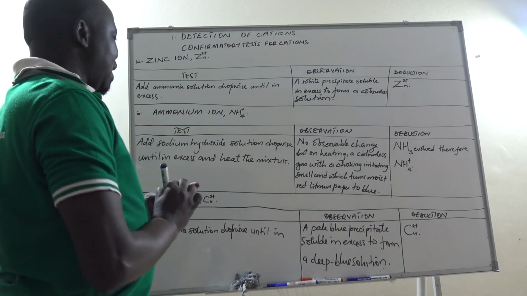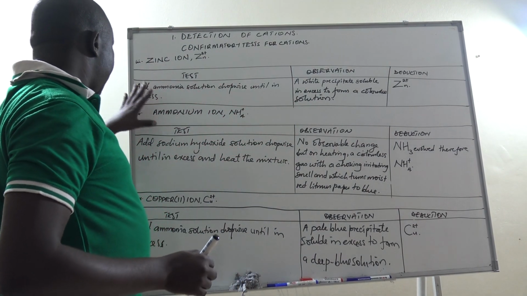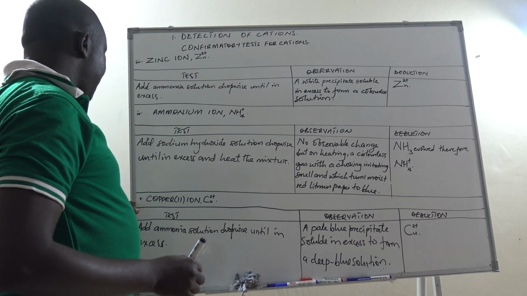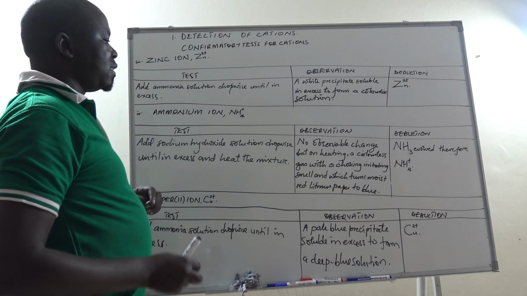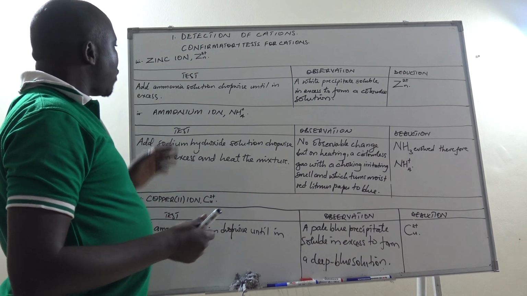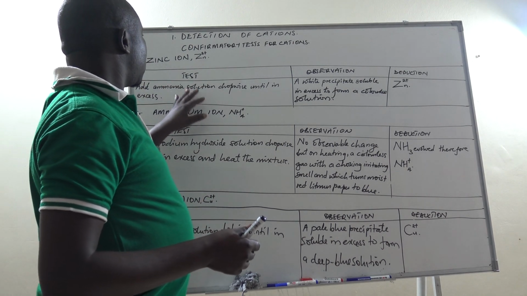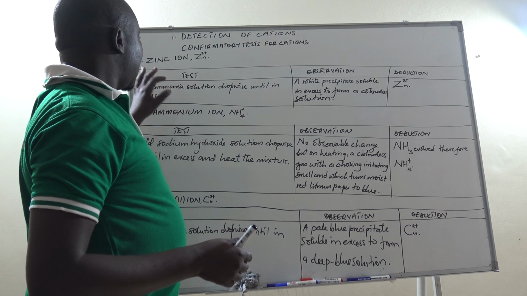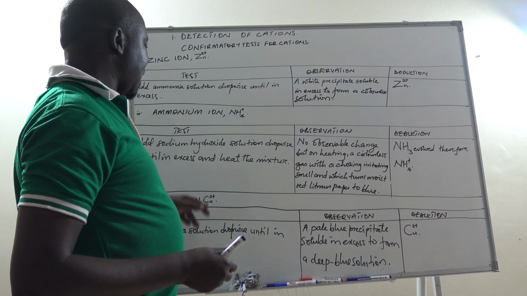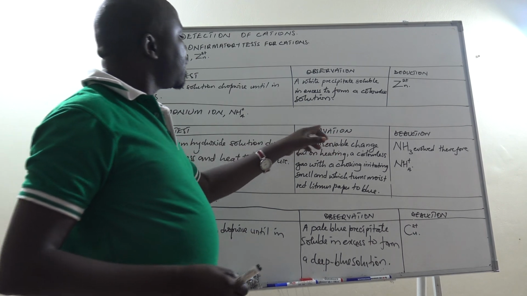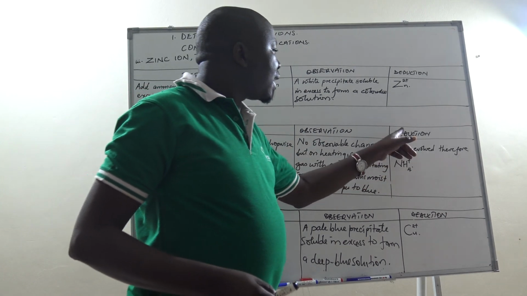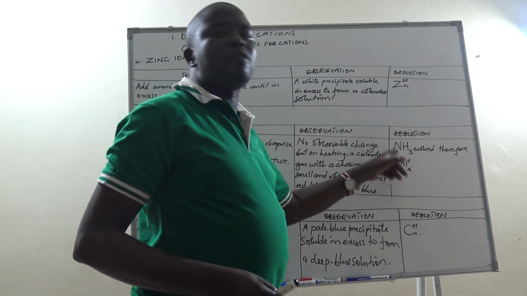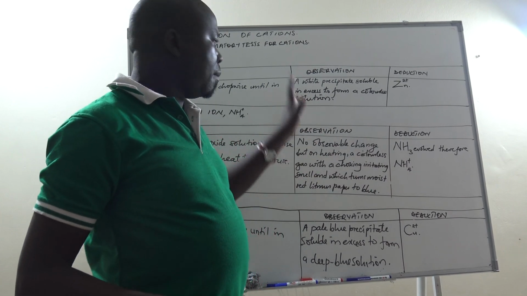So generally, what we have seen here from Roman 1 up to Roman 5 are the cations whose confirmatory tests are very clear. So you don't have to forget these tests, because they are the confirmatory tests for these cations. When you get these observations, then it means that the cation you are testing for, you have confirmed it to be actually present.